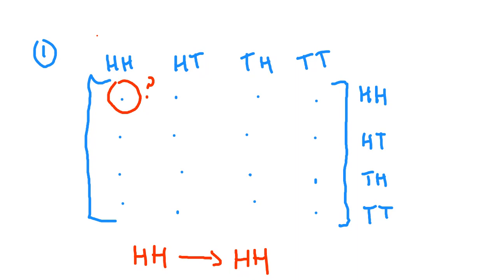You could think of this HH as: the first toss is a head, the second toss is a head, and that state was state S1.